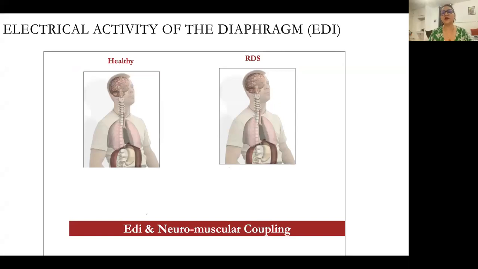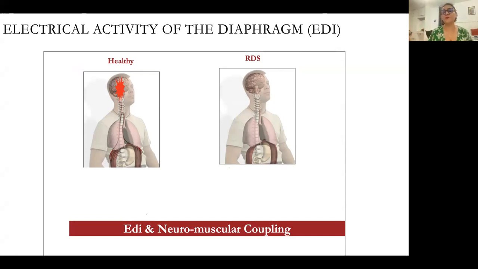Now, how does EDI work? So the healthy brain will give a stimulus to the diaphragm to contract, and the breathing would start. If a baby or person is healthy, it is going to give a little stimulus to say that, okay, a small contraction is required for the ventilation to occur.